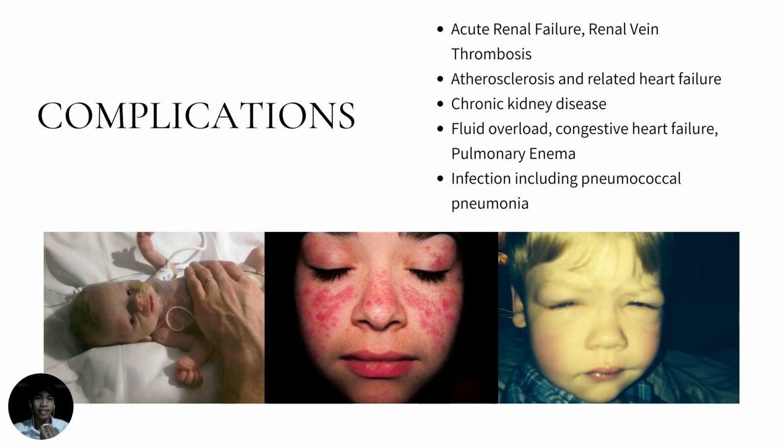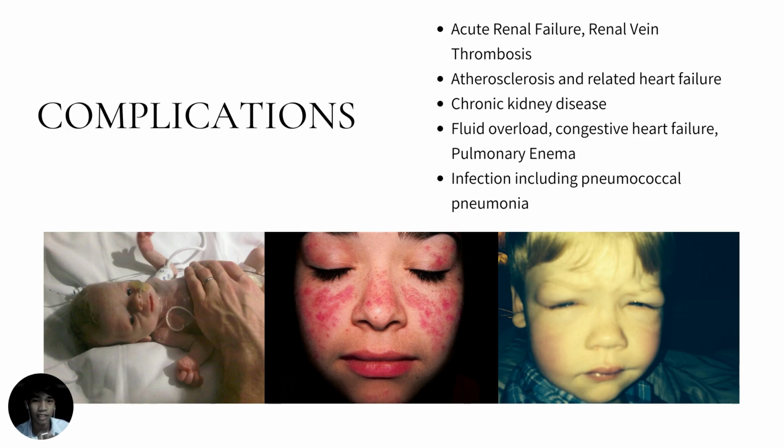On the complications, the book does not provide complications, so I searched for the possible complications of nephrotic syndrome, and this is what I got: acute renal failure and renal vein thrombosis. Because of the edema and the presence of proteinuria, there could be a thrombosis which could block the blood vessels.